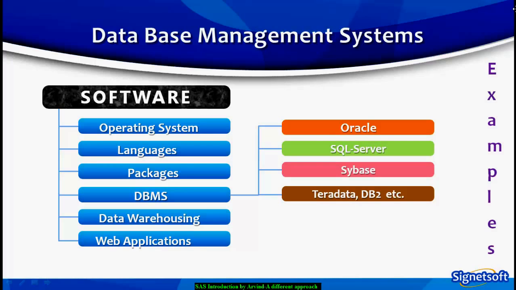For example, let us take some bank. They will have hundreds of branches, thousands of customers and millions of transactions, and they will maintain all this data in a particular server. For example, one bank is storing all their data in one particular server.